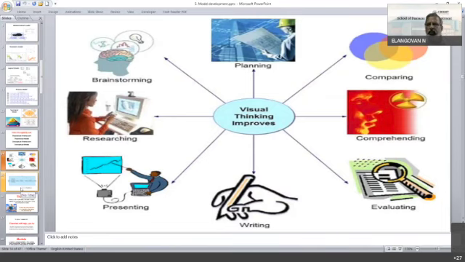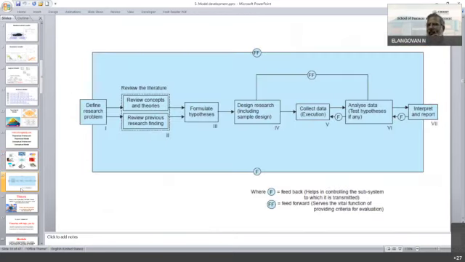A theoretical model or a conceptual model, or generally a model, is the heart or core of any research. Because if you have a conceptual model or a theoretical model, at every stage of your research you can relate it to the model, you can visualize your research, and it makes your research process easy and simple.